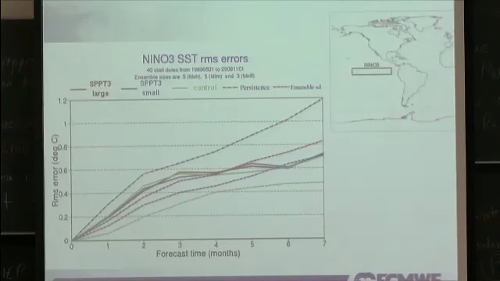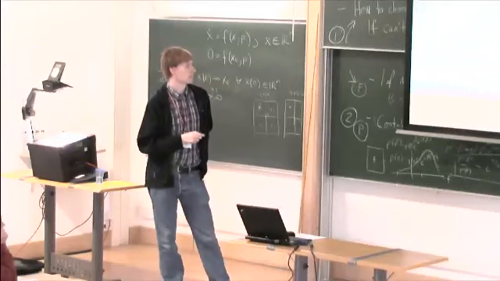You have the control run, and the control in this case is not without any stochastic forcing, but it's with the old stochastic scheme, and this is operational in the seasonal forecasting. And then there are 2 implementations of the 3-scale version, where the difference is that the standard deviation of the 30-day scale is larger in the red forecast.